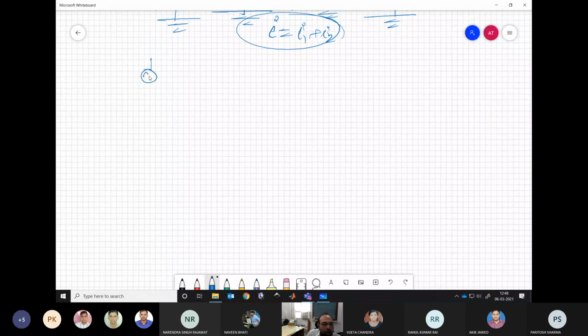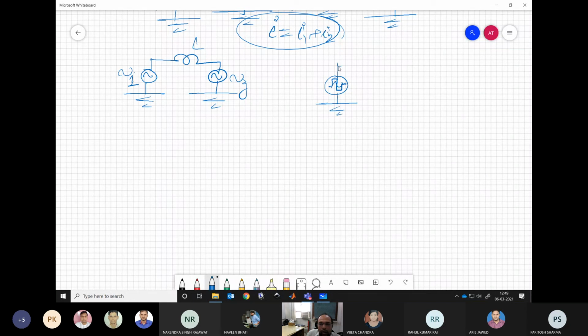So applying superposition, this is how the fundamental component will look into the system, and this is how our harmonic will see the system. This is only harmonic, no other fundamental component in the converter. This is only the fundamental component of the inverter output and no other harmonic. Now these two can be solved and superposition can be applied to get the actual current.